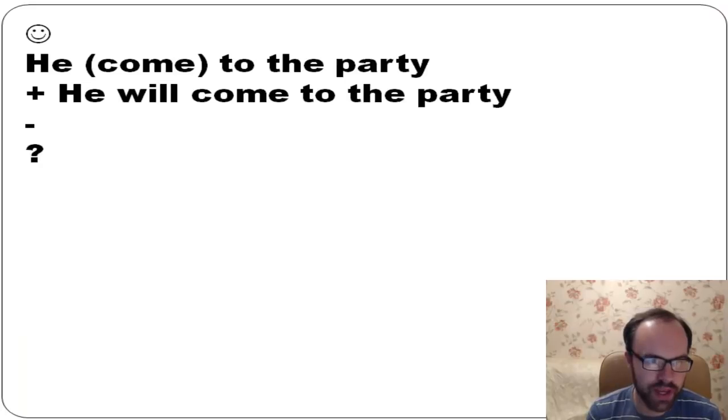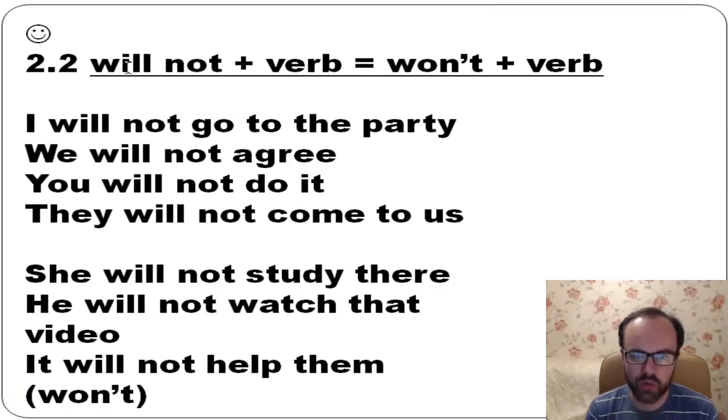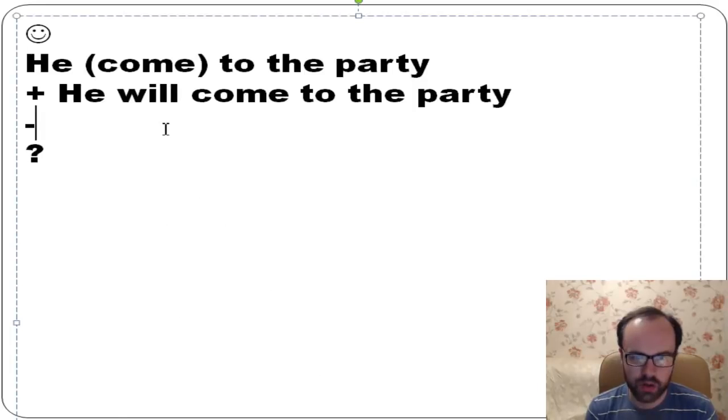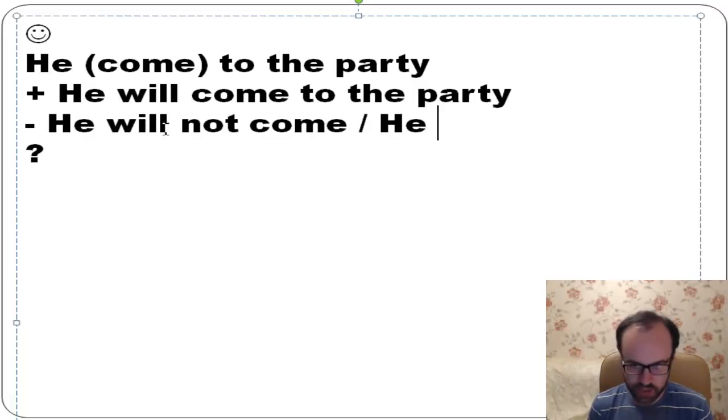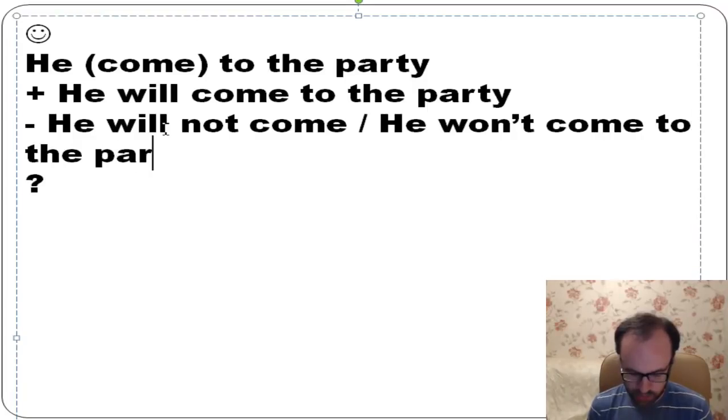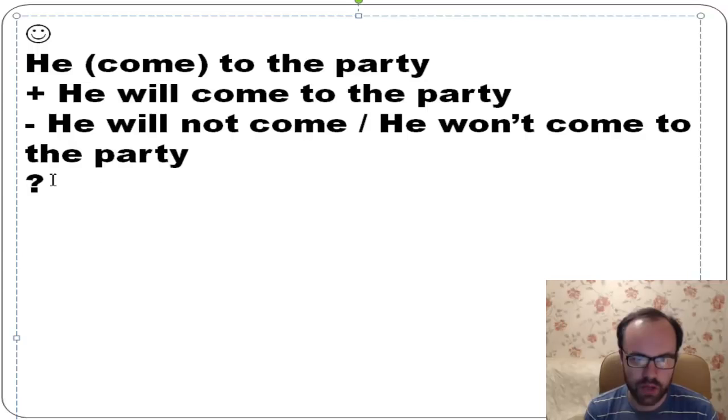How to form a negative form? So will not plus verb or won't plus verb. So he will not come, or he won't come to the party. How to ask a question?